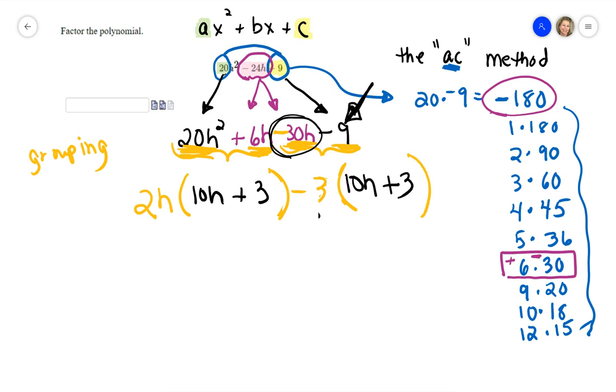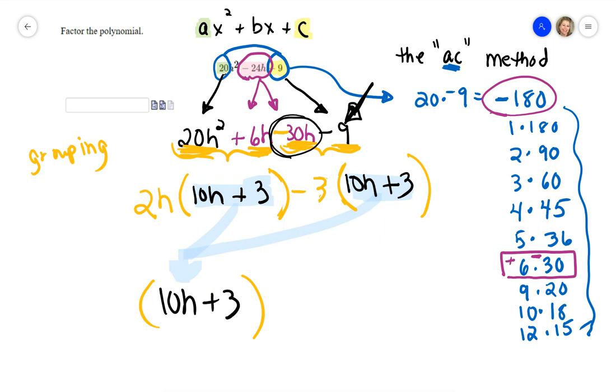And what I want you to notice is that both sets of those parentheses are identical. You've got a 10h plus 3 here and a 10h plus 3 there. That is supposed to happen. If it doesn't, you've messed up. And what I'm going to do is literally factor out the 10h plus 3.